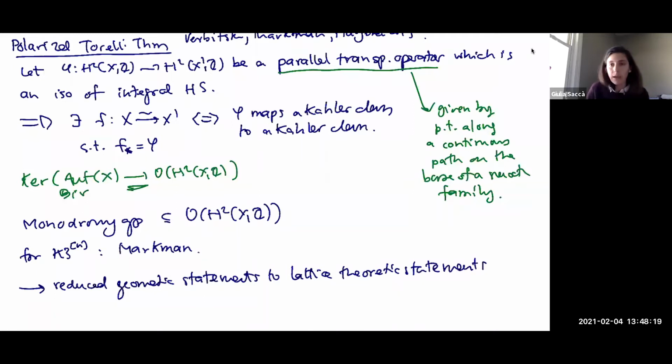And the same thing you do with K3s, how you study automorphisms of K3s, you look at automorphisms of the lattice, and this is a similar thing where instead you get both regular isomorphisms but also birational maps.